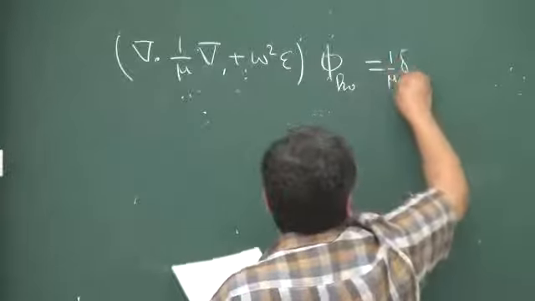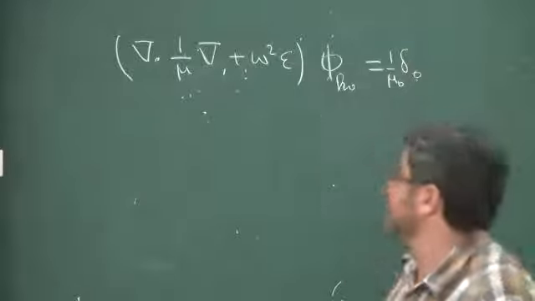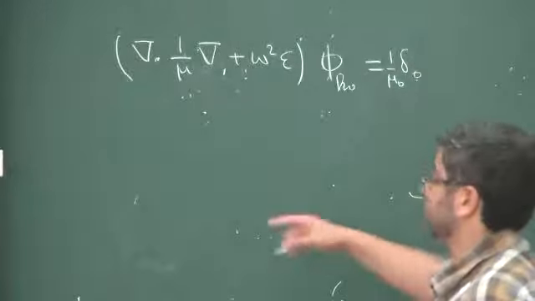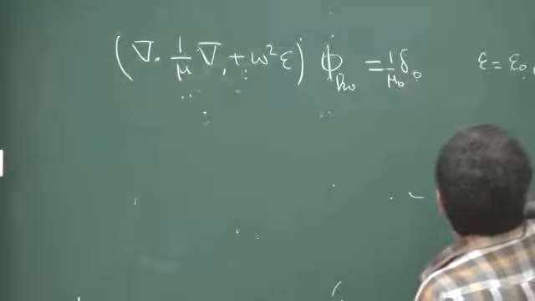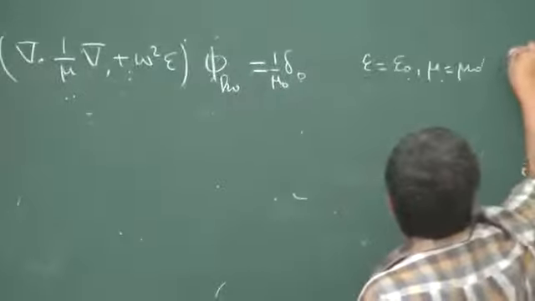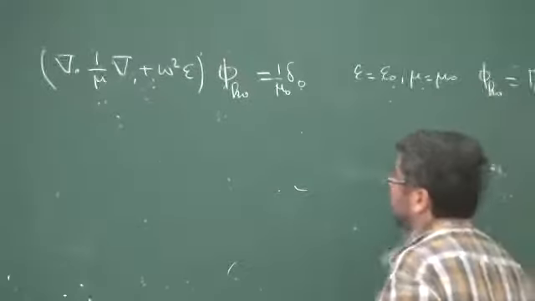I put 1 over mu 0 here in order to get the same: when mu equals mu 0 and epsilon equals epsilon 0, phi_k0 is equal to Gamma_k0.